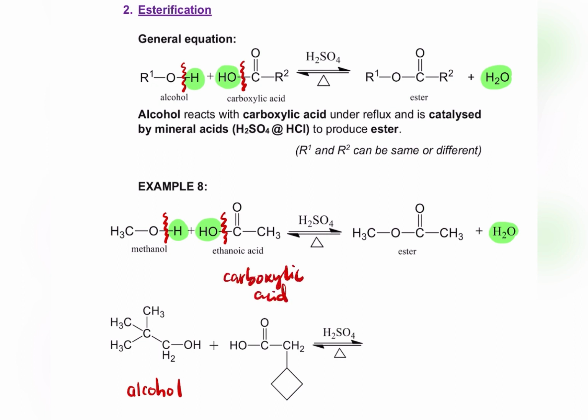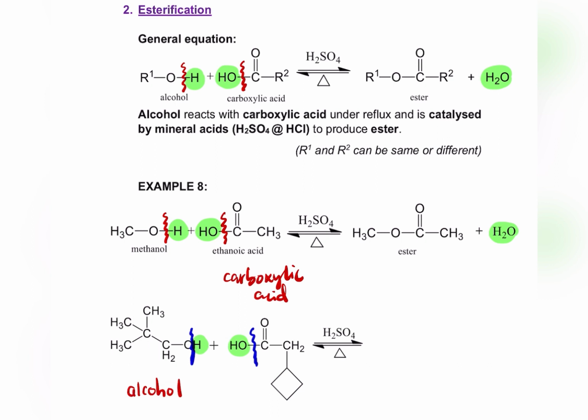The bond cleavage for alcohol will happen here, and bond cleavage for carboxylic acid will happen here. So I'm going to combine H from alcohol and OH from carboxylic acid. So I will form H2O as my final product. The rest of it combines together to form ester.